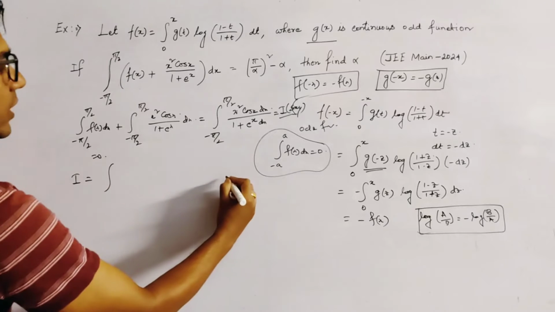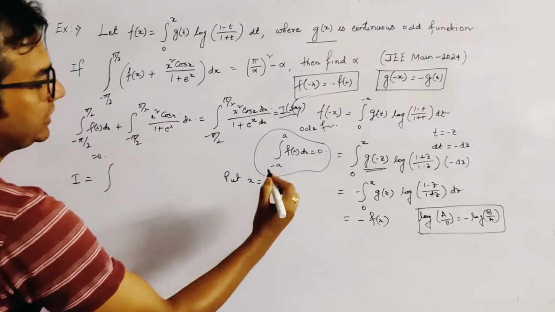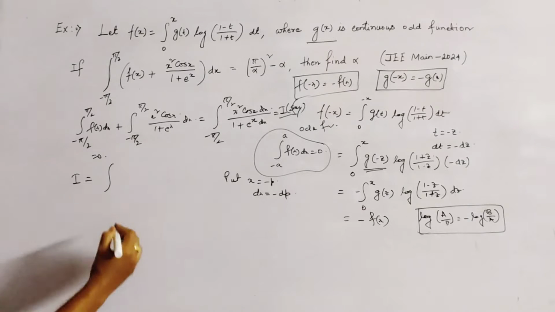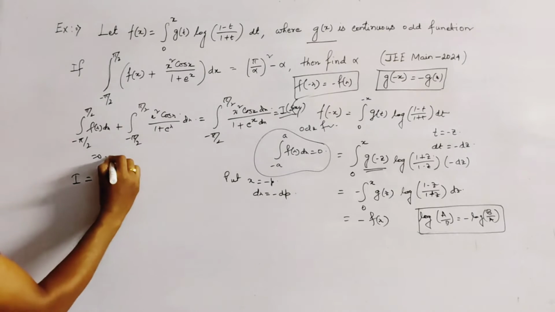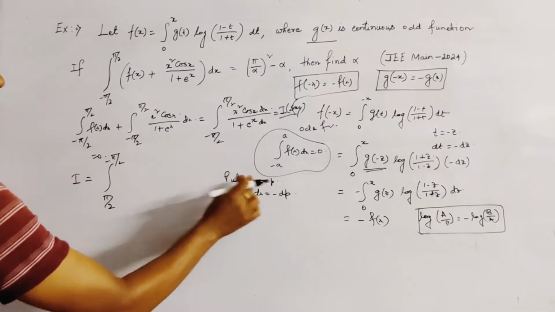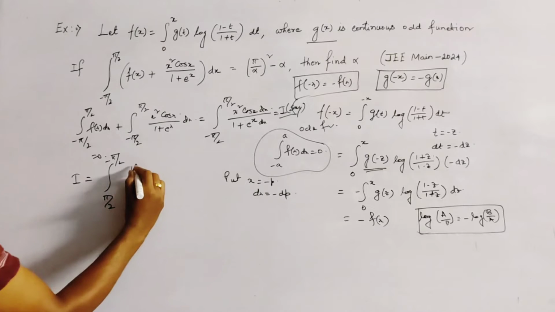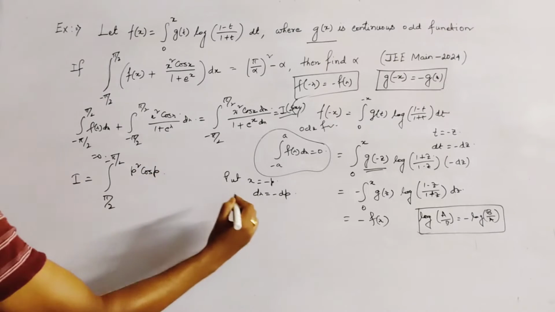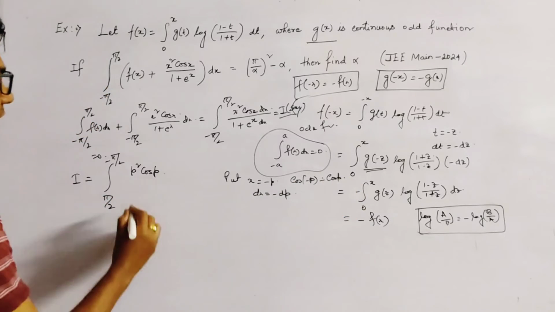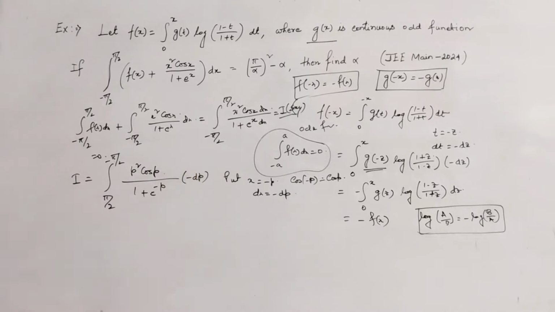Now this is I, and we put here x equal to minus p, and dx equal to minus dp. The range becomes pi by 2 and minus pi by 2, because when x equals minus pi by 2, p equals pi by 2, and similarly for the upper range. This is given by p square cos p, because cos of minus p equals cos p, and 1 plus e to the power minus p, into minus dp.